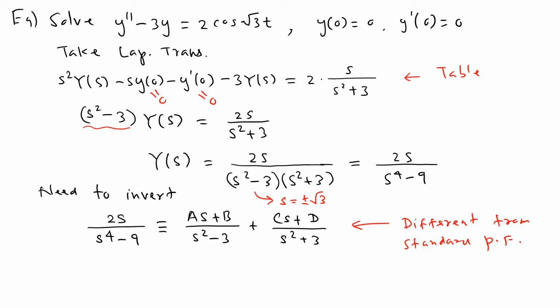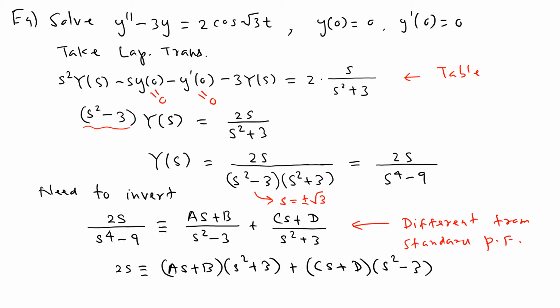We're going to make it easy, and after that we know what to do. We multiply both sides by the common denominator, and then we can find A, B, C, D. Once you do that, you end up getting 2s equals As plus B times s squared plus 3, and then Cs plus D times s squared minus 3.